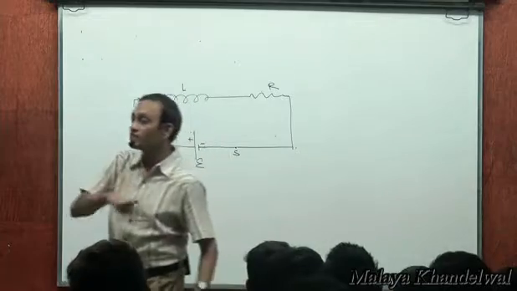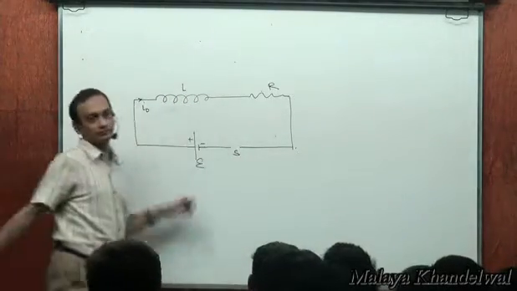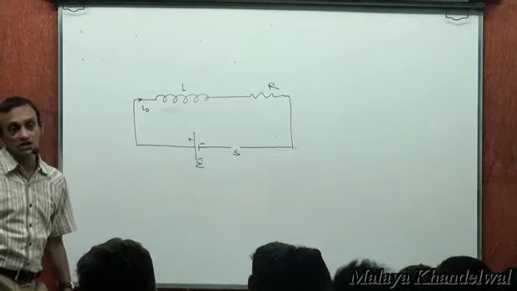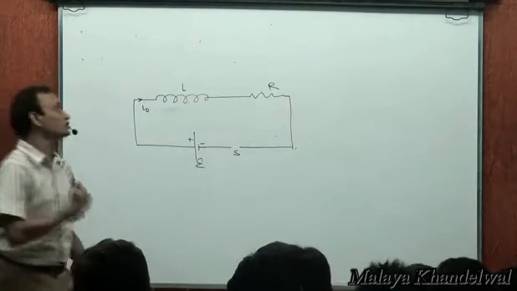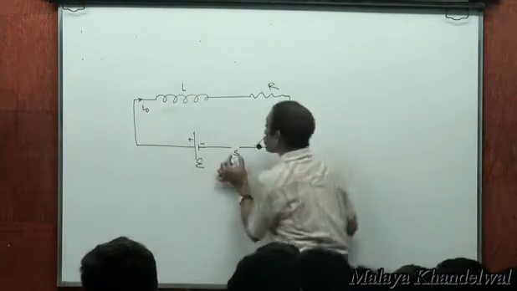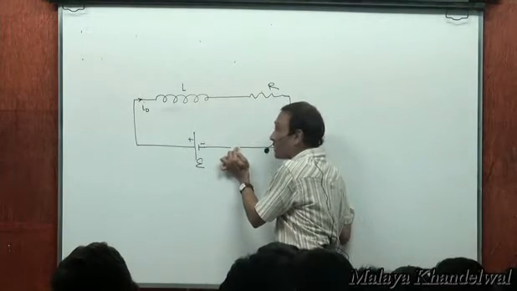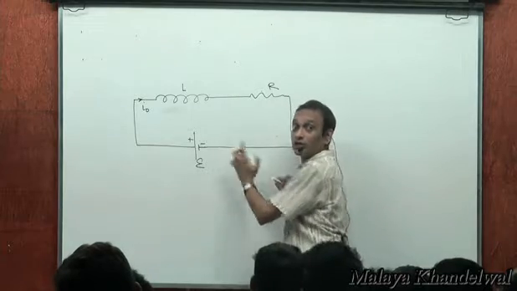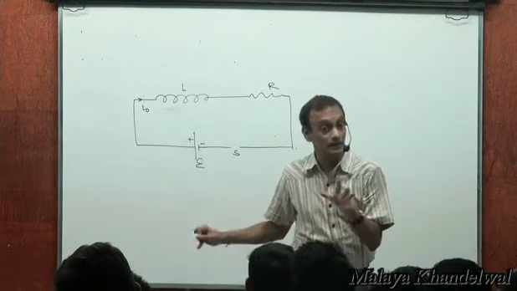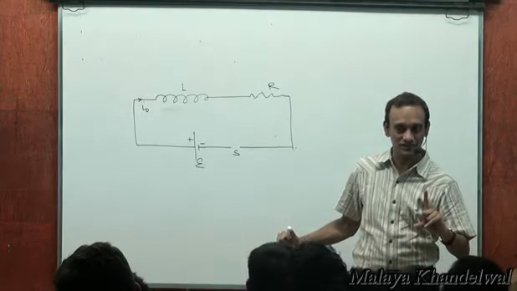Same way, say if you abruptly open the switch here, and say I'm going to kill the current instantly, what really transpires is, across this switch there would be a potential difference, there would be a spark generated, there would be heat and light associated. The current might die to 0 instantly, but it's harmful for the electrical circuit.